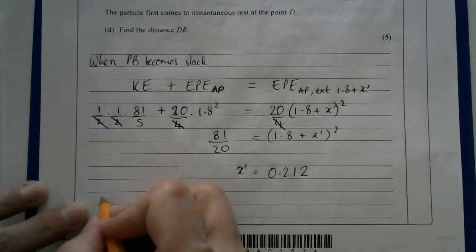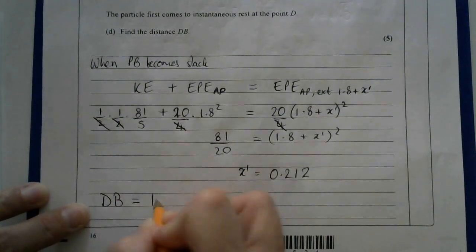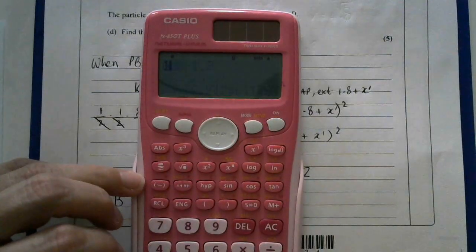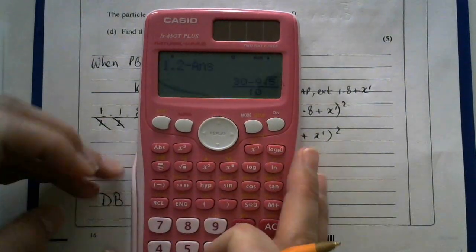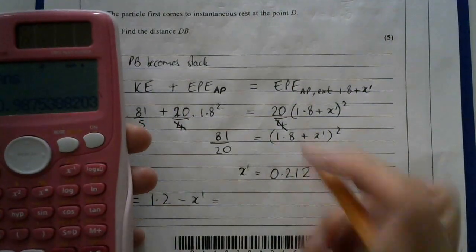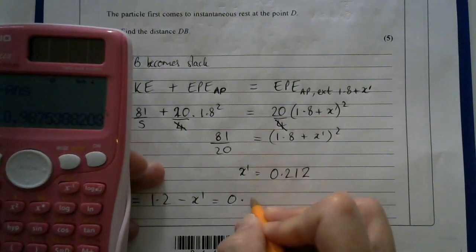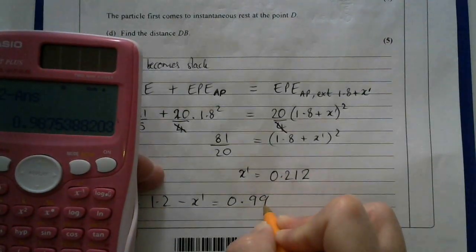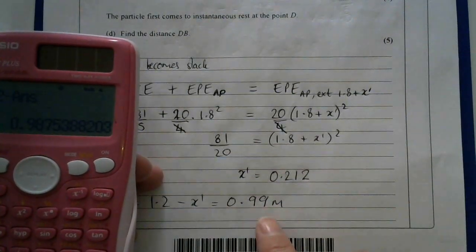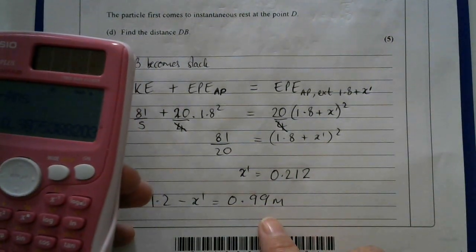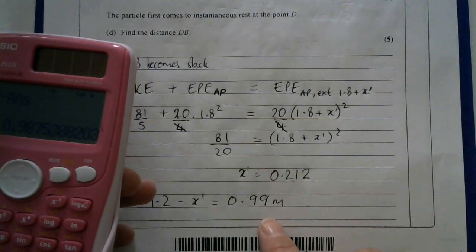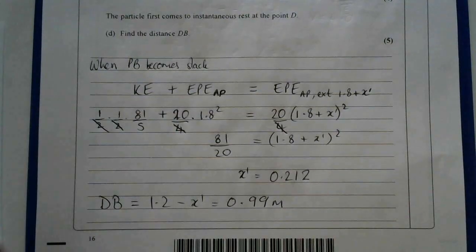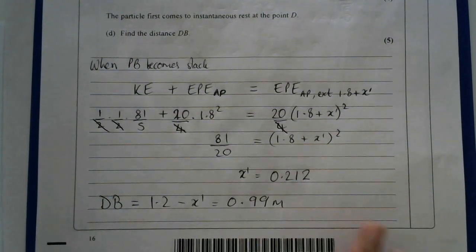So dB will be 1.2 minus x dash, and so I'll do 1.2 minus the answer, and that gives me this, which is 0.99 if I'm going to round it off to 2 significant figures, or 0.988 if you round it to 3 significant figures.